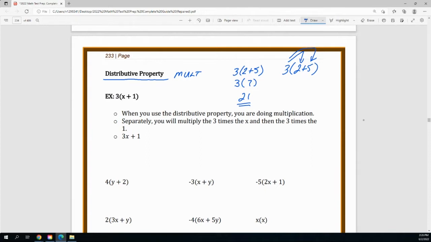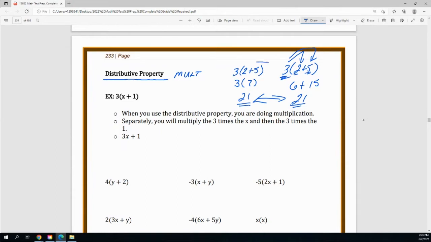Look, let's give it a shot. 3 times 2 is 6, plus 3 times 5 is 15. 6 plus 15 is 21. That's called distribution. You notice they're both the same.